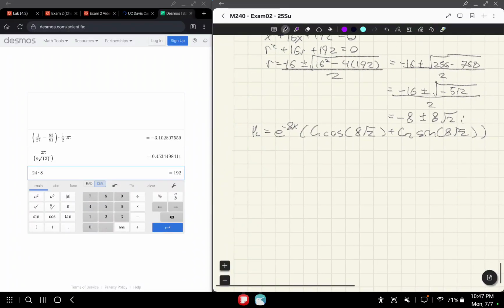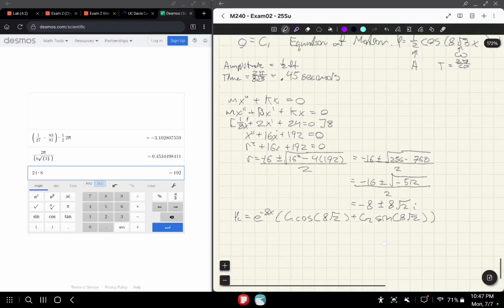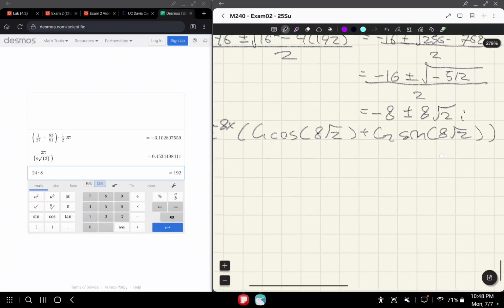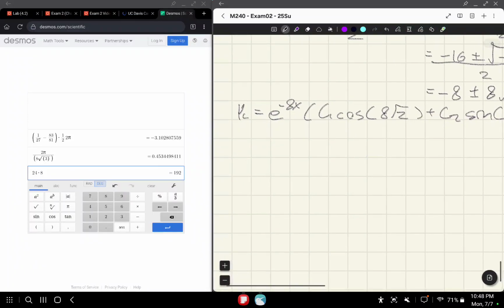So now let's find the IVP. The initial displacement is 6 inches, so y of 0 equals 1/2 feet.